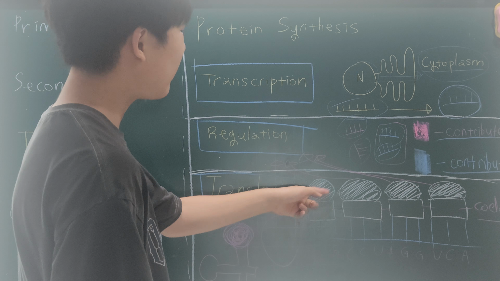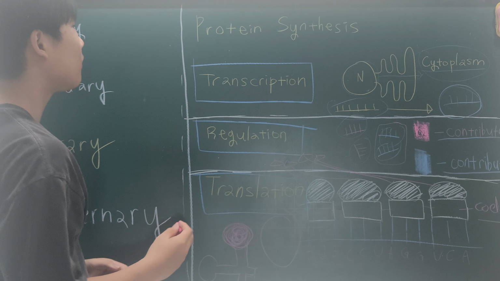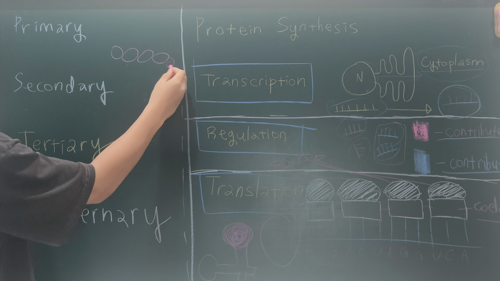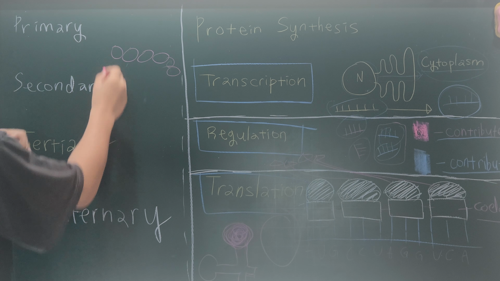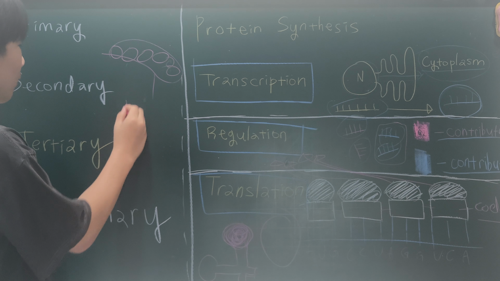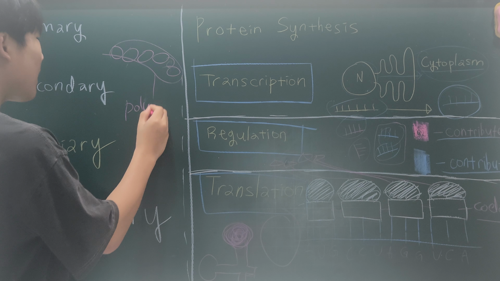And these tRNAs form a chain. It's longer than this, but anyways, this chain is the first form of protein, also known as the polypeptide.